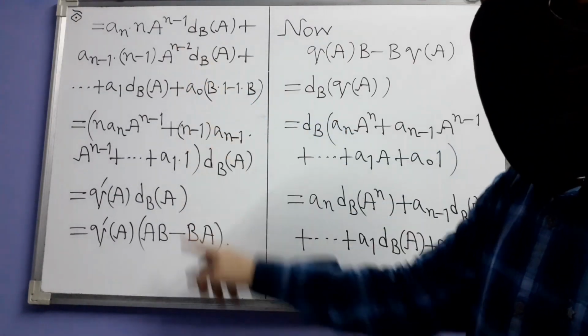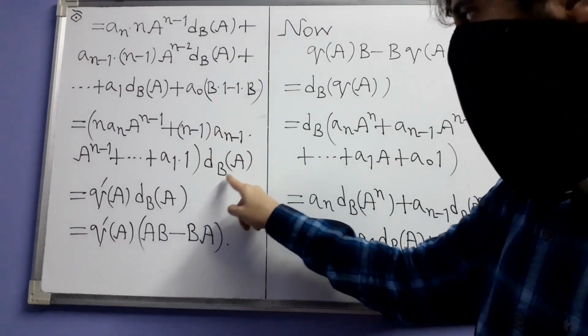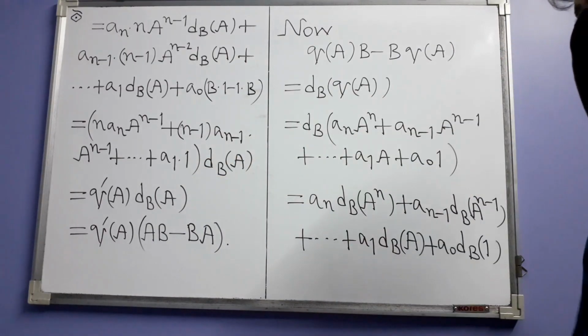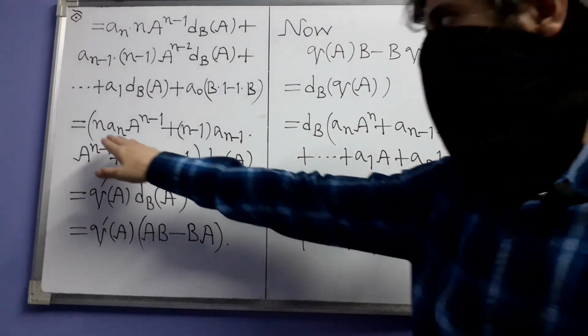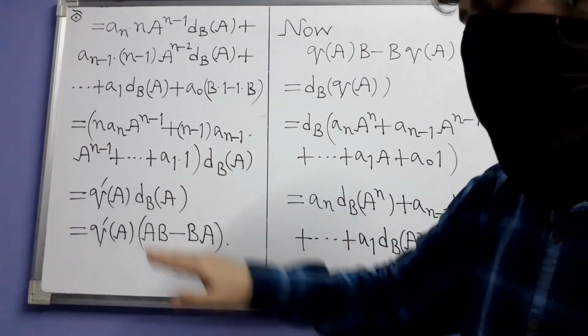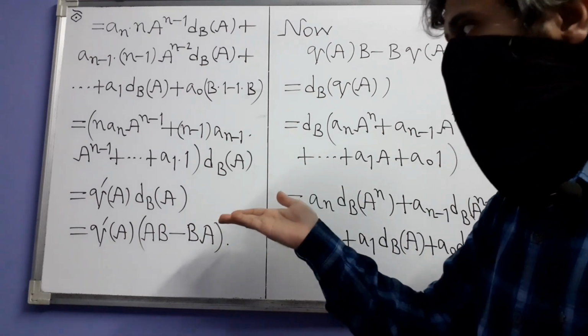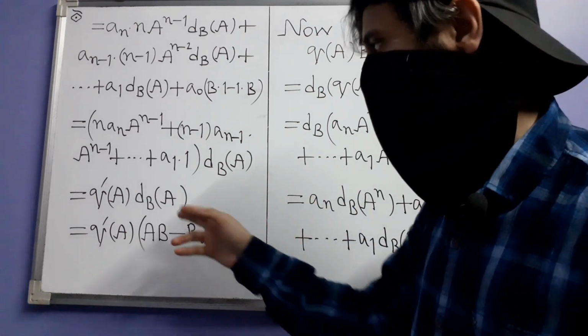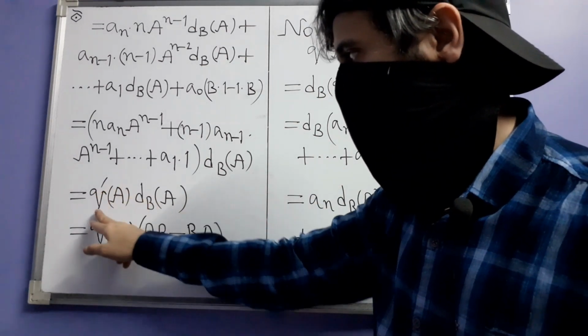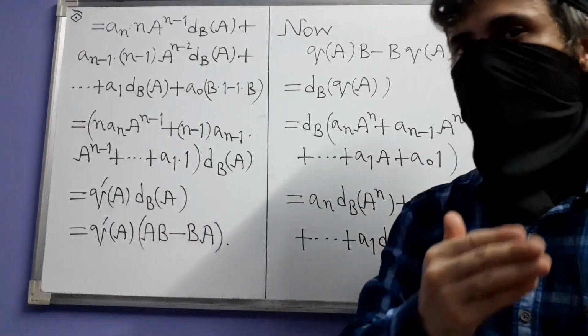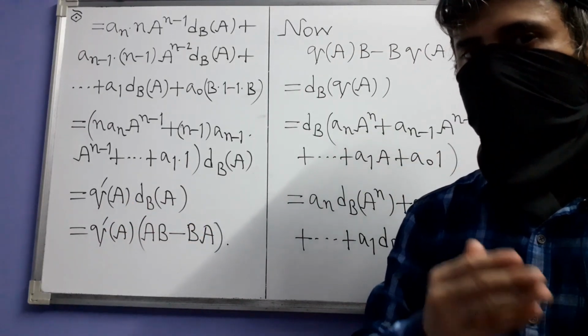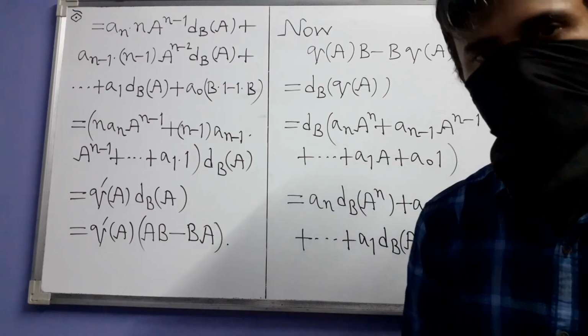From the rest of the things, we can take dB of a common out, and if you do, you are left with a polynomial expression in the matrix A, and that polynomial is actually nothing but the evaluation of the derivative q prime of x at x equal to a.